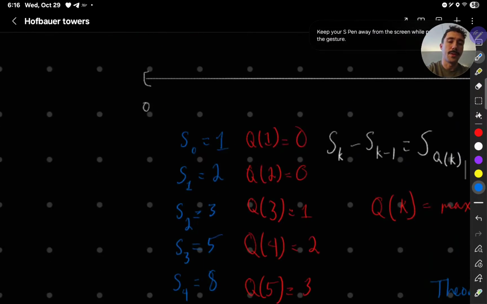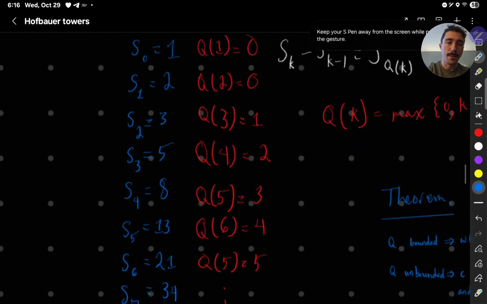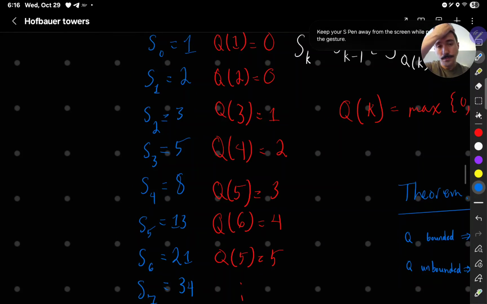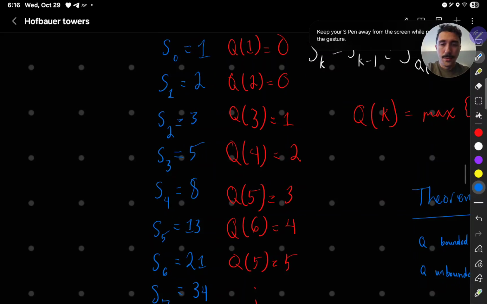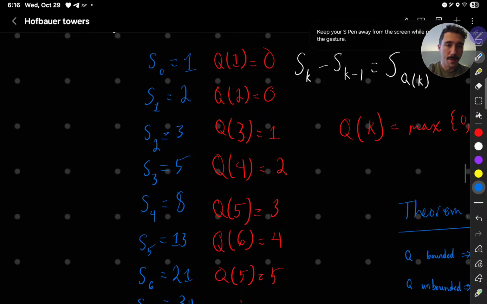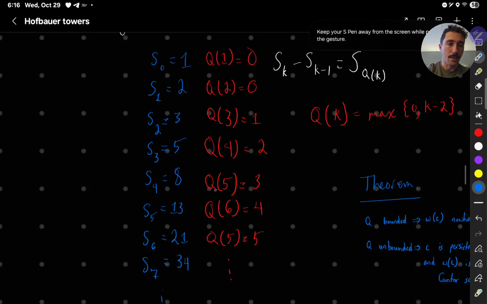So let's see how I could have done it from the kneading map and then the cutting times. Okay, so just remember S0 is 1, S1 is 2, so you can just take the Fibonacci numbers up above to remember this stuff. And then the Q's are just k minus 2, basically. And if it's negative, just make it 0.